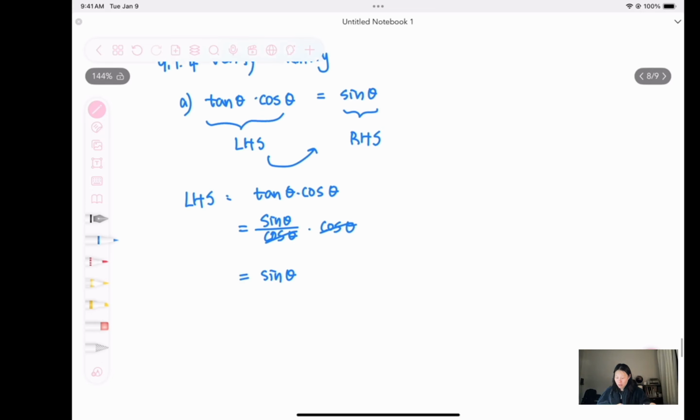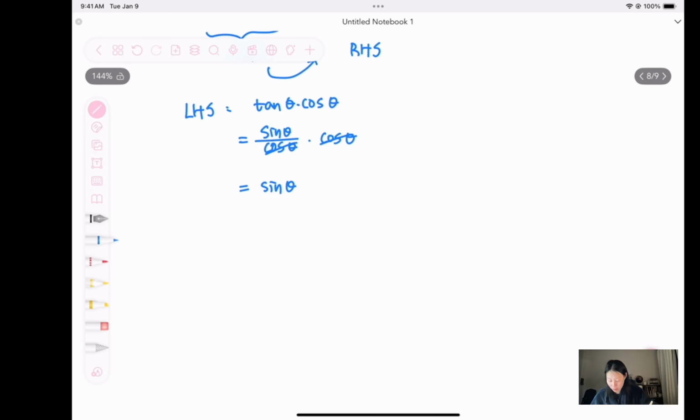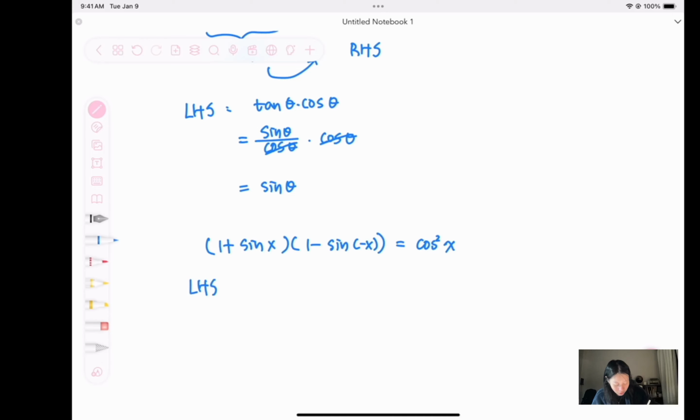Okay, another thing to verify is 1 plus sine x times 1 minus sine negative x equals cosine squared. Well, again, use the left hand side. Try to simplify the left hand side so that it will equal the right hand side.